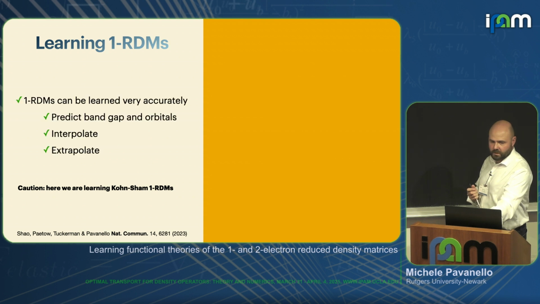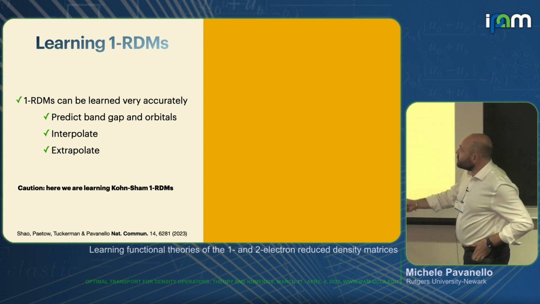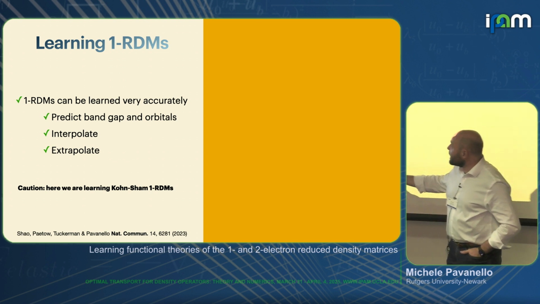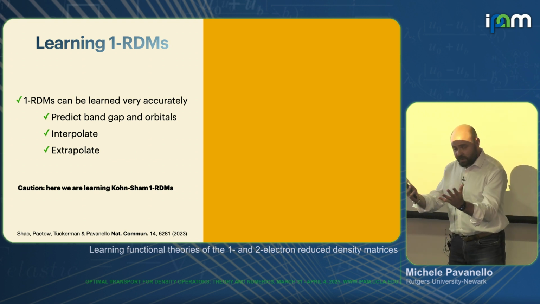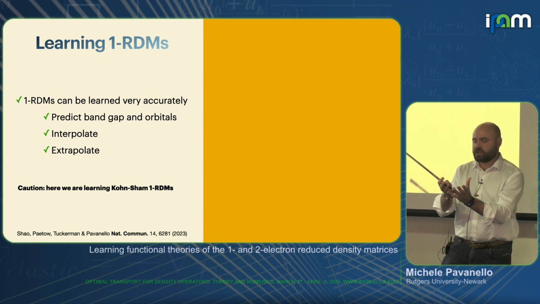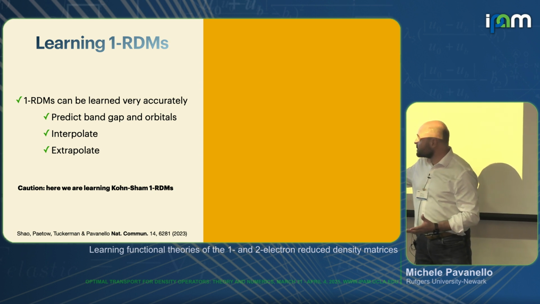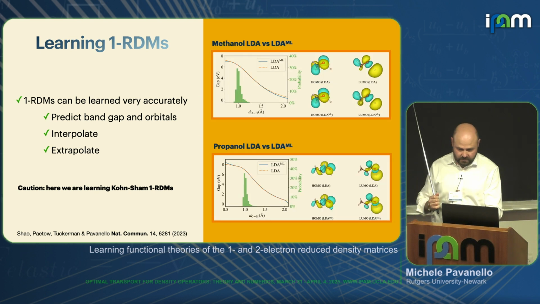Okay. So I can tell you the RDMs can be learned very accurately. We can predict band gaps and orbitals. We can predict them in the region of external potentials near the training set, but also outside. And I'm showing you some examples so Kasia can see.